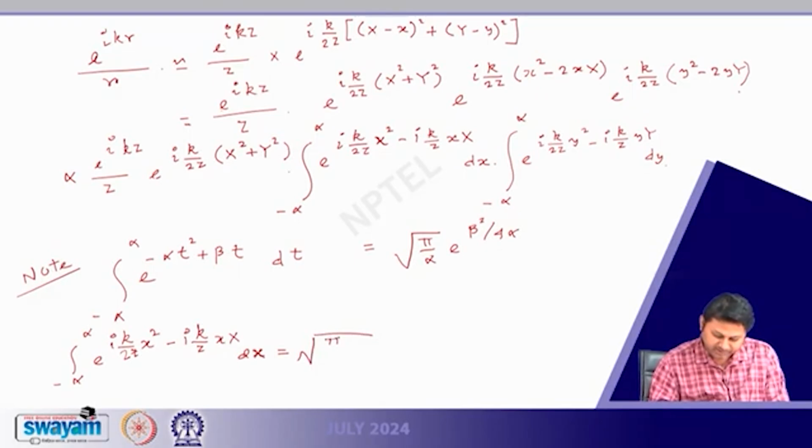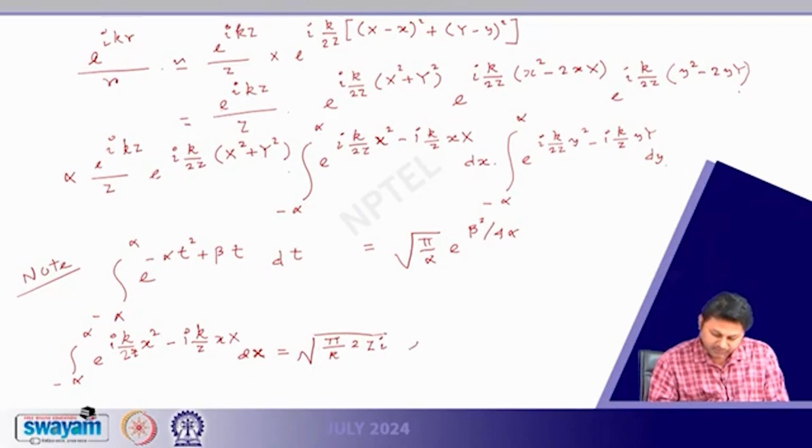Alpha is this quantity. So I have pi divided by k, and then we have 2, and there is a minus sign here, and if I absorb this minus sign, it should be 2 z and then i. That should be the value.